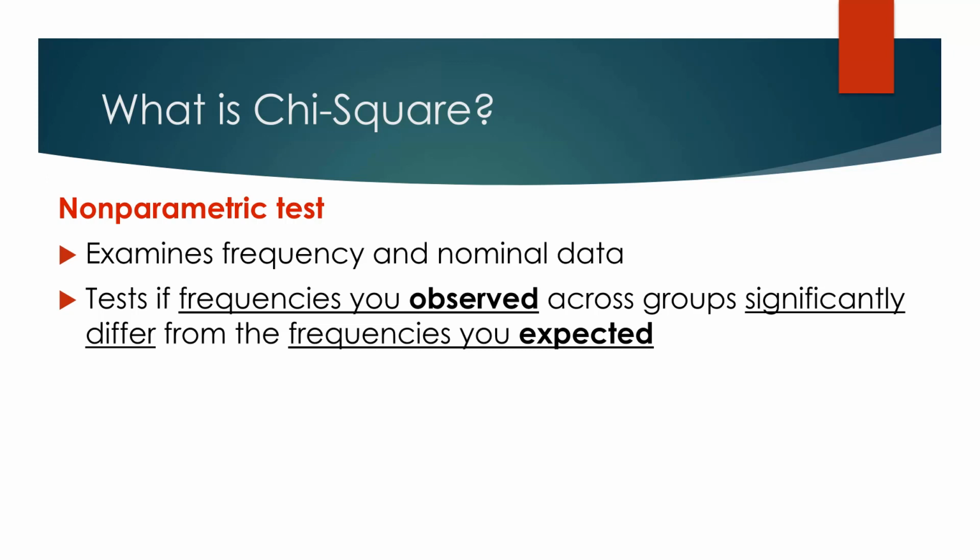Let's say that you had 5 different categories and you expected a certain amount of data to fall in each of those categories. That would be your expectation. Then you go out and gather your data and find your observed frequencies, the amount that actually ended up in each category. And so the chi-square helps you to determine, is what you observed, what you actually gathered, different from what you expected to find?